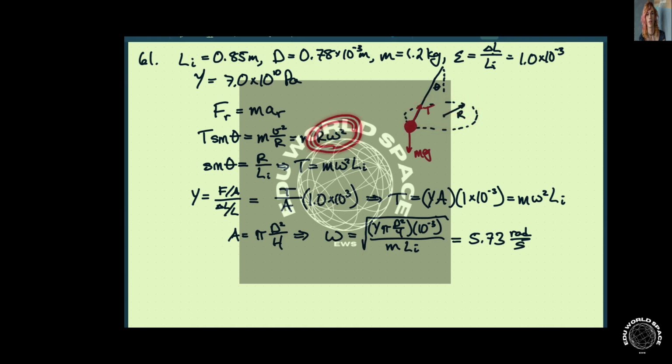This is the radial acceleration. We know the sine of this angle is the radius divided by the initial length. And so when we plug that in, we can see that the radius cancels out, and that's why we aren't given it, because it falls out in the end. So we get that T equals the mass times the angular velocity squared times the initial length.